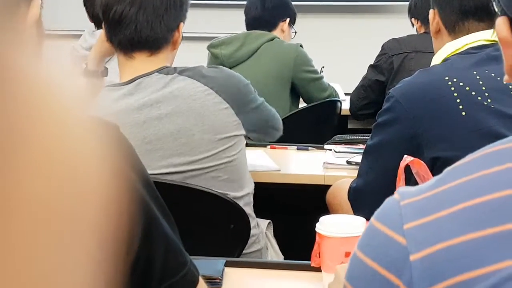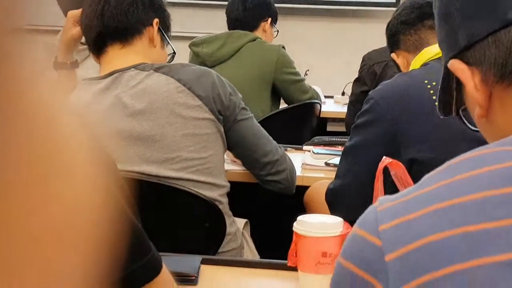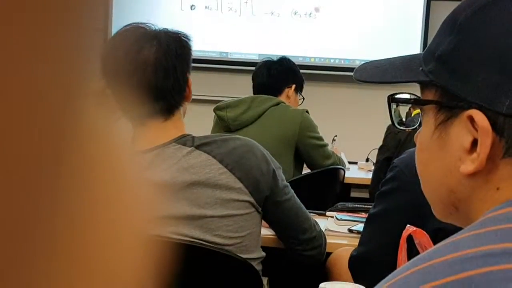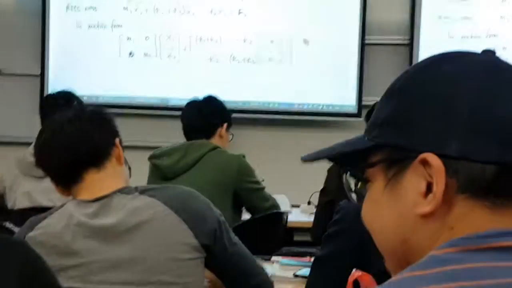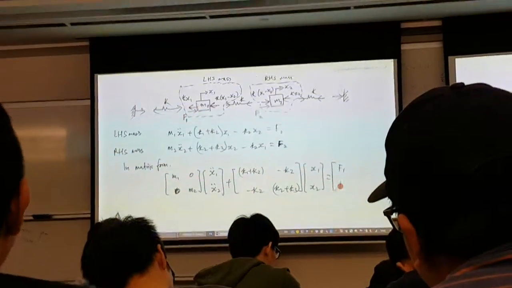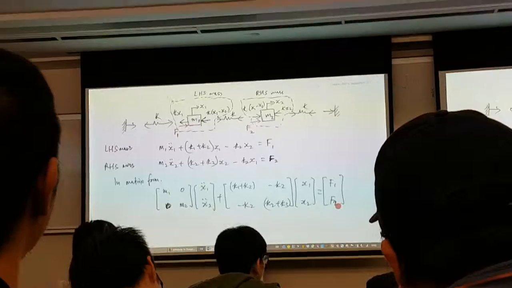Plus the matrix over here, that is K1 plus K2, minus K2, minus K2, K2 plus K3, the whole thing multiplied by x1, x2. And this one here would not be equal to 0 because you have the external force, so F1 and F2 both.